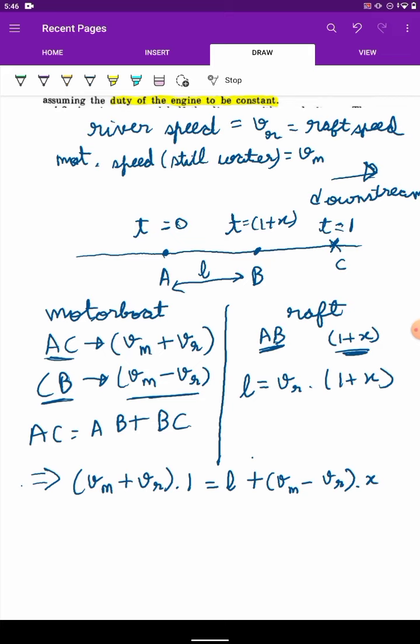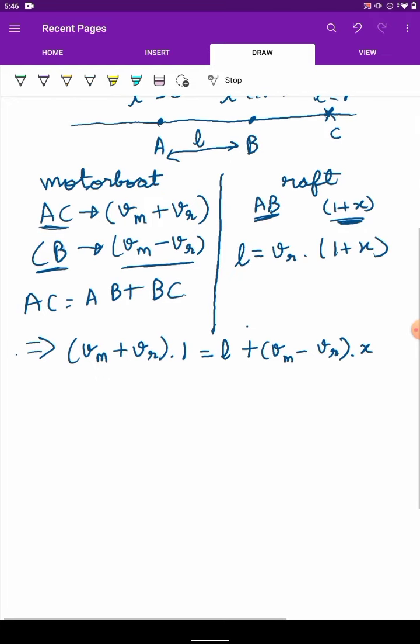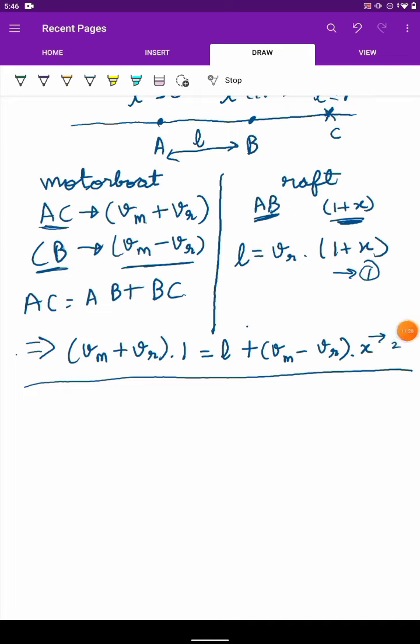If we take these two equations, let's proceed and solve these two. This is 1, this is 2.